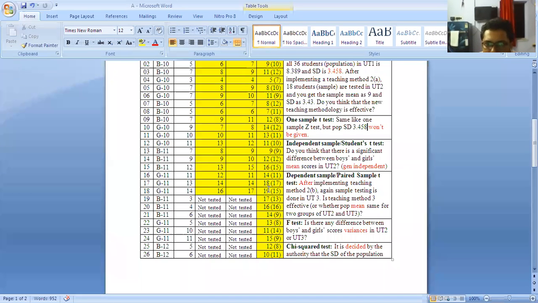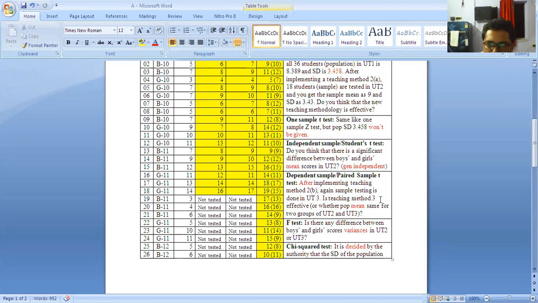Now you can see the dependent sample or paired sample T test. After implementing teaching method 2B, again sample testing is done in unit test 3 for the same students.